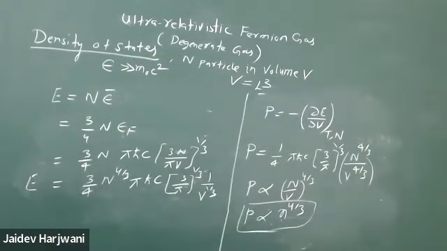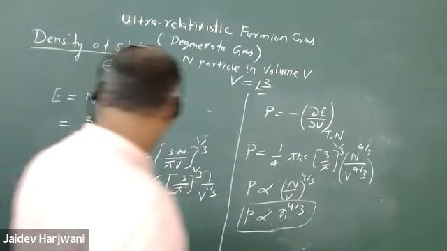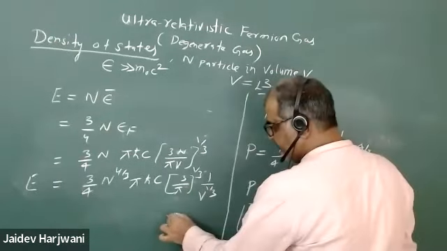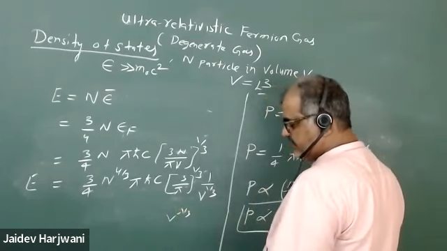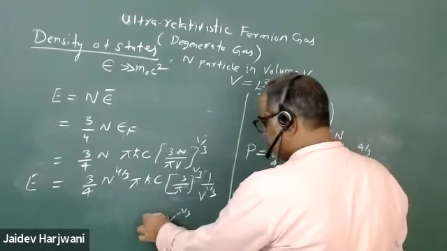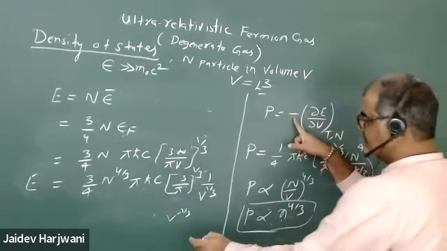Sir, check. When you have taken this 1/4, then there will be a minus. Have you taken this up in the numerator, or with the denominator only? If I differentiate V power minus 1/3, then there it will be minus. Now you differentiate, so minus is already there, na? Minus becomes plus.